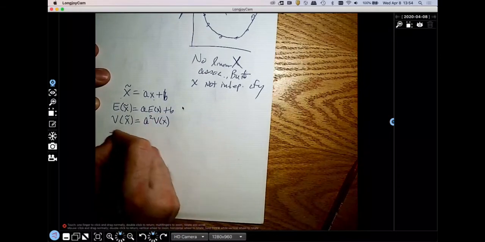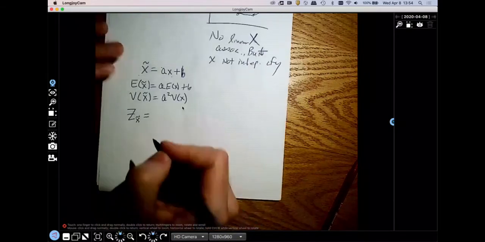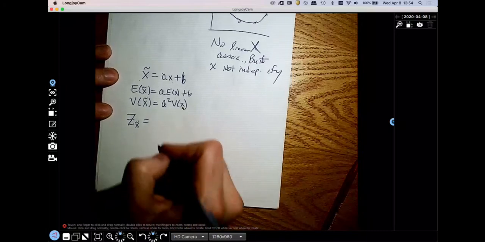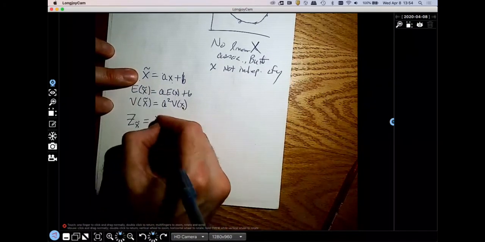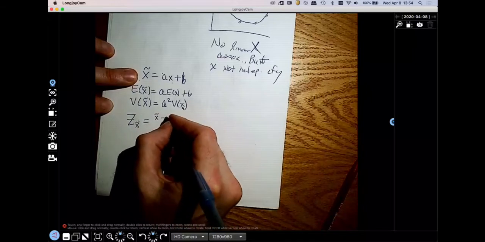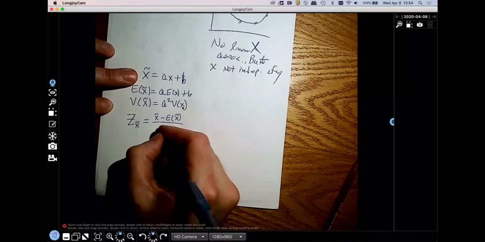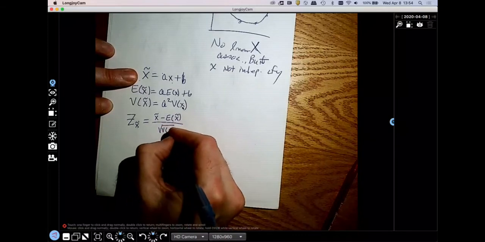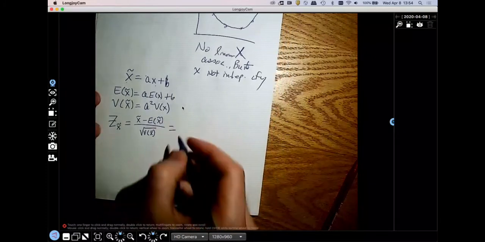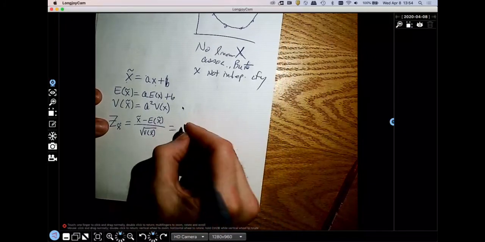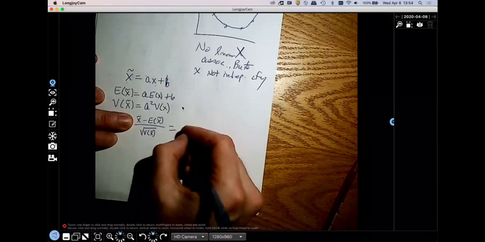So let's go find z at x tilde. This is x tilde minus the expected value of x tilde divided by the square root of the variance of x tilde. So that's our standardized value of x tilde. Let's write in all the stuff, in terms of x.